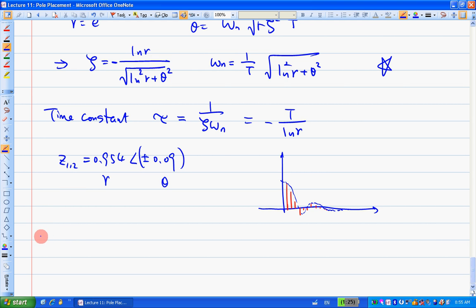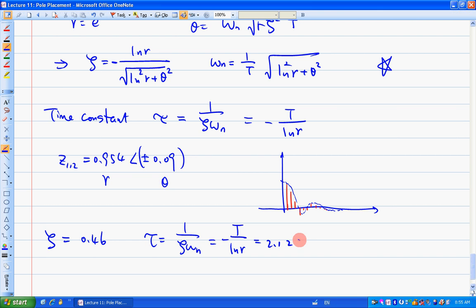So zeta equal to that guy over there, which can be calculated as 0.646. Instead of calculating omega n, I can also calculate the time constant. The calculation will be 2.12 seconds.